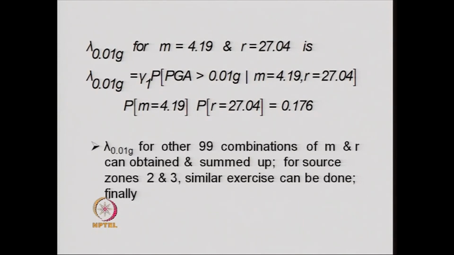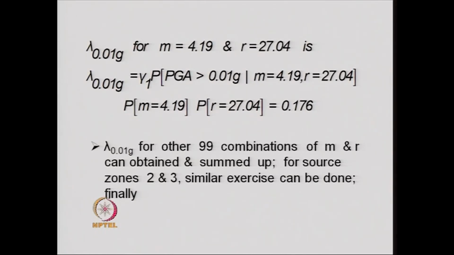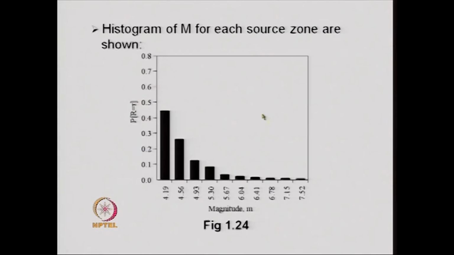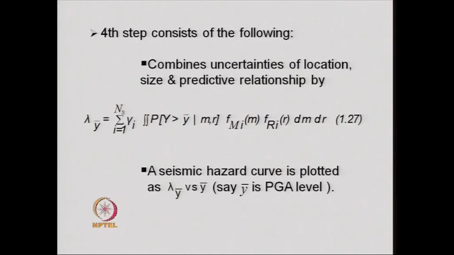Now, if we wish to find out the rate of exceedance of a PGA level of 0.01 g, then we use the summation equation that we have shown before, that is the summation equation shown here. We integrate or sum up. In this case, integration will be replaced by summation.